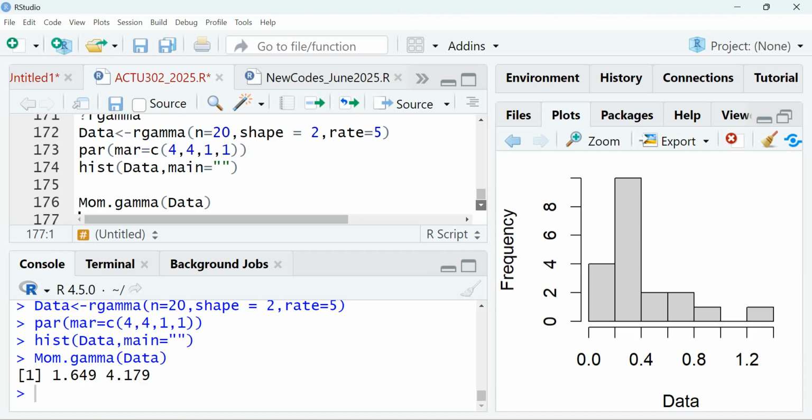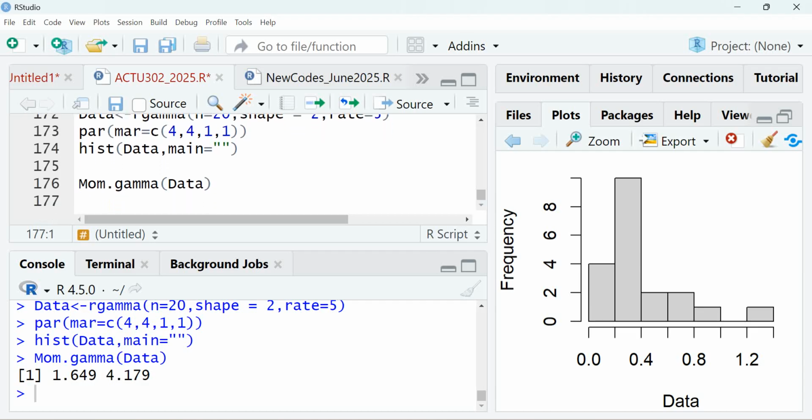Okay, so it's the same. So it has a shape of 1.64 and then the rate is 4.179. Is everybody okay with it? Okay. What is the parameter? It's 2 and 5. Yeah, okay.